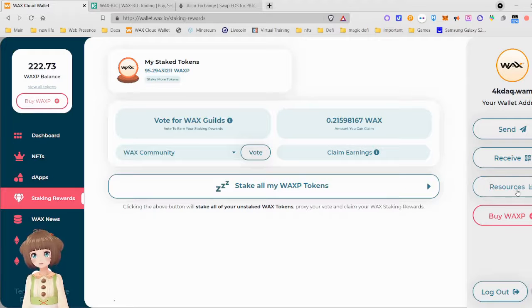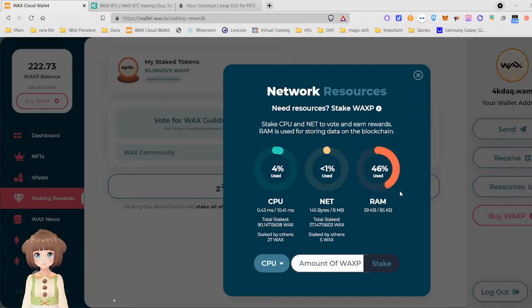You can see on the right, if you go to resources, the amount of total over time that I've staked, you know, and this is so that I just earn more rewards. But I have about 90 staked to CPU. I have about 1/3 of that staked to net, and RAM, I'm sitting at like, 85 kilobytes.